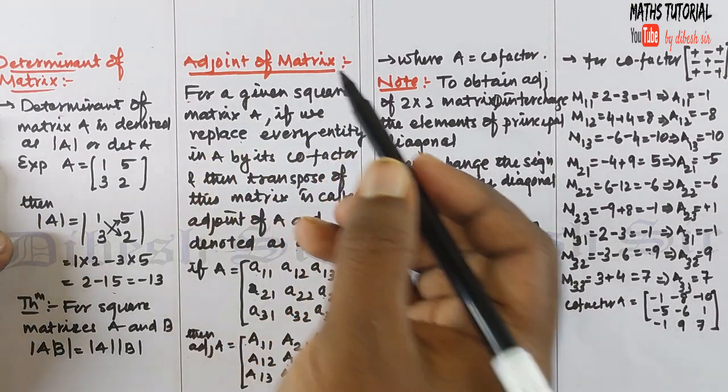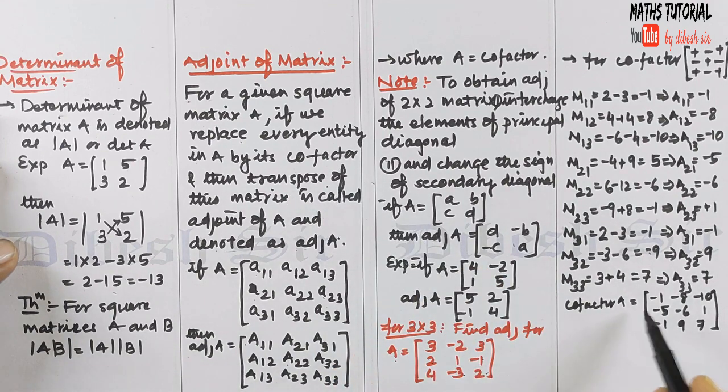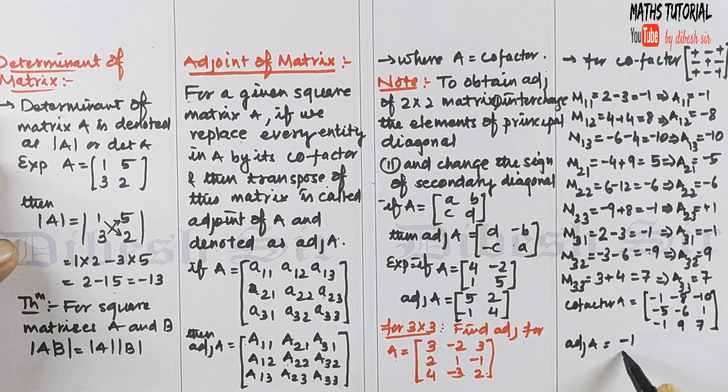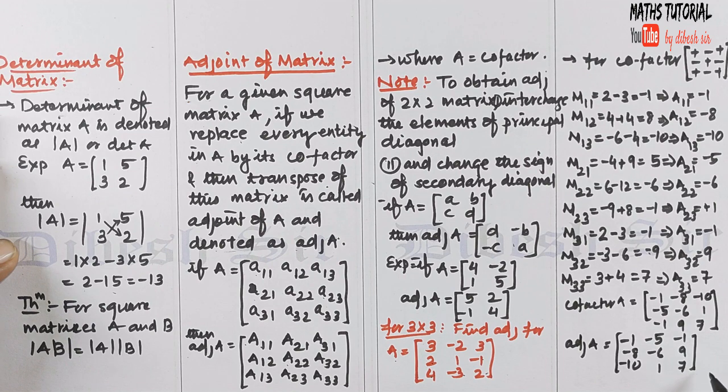But adjoint of matrix is the transpose of cofactor. Transpose of cofactor means row changes to column, that is minus 1, minus 5, minus 1, then minus 8, minus 6, 9, then minus 10, 1, 7. This is our final adjoint A.